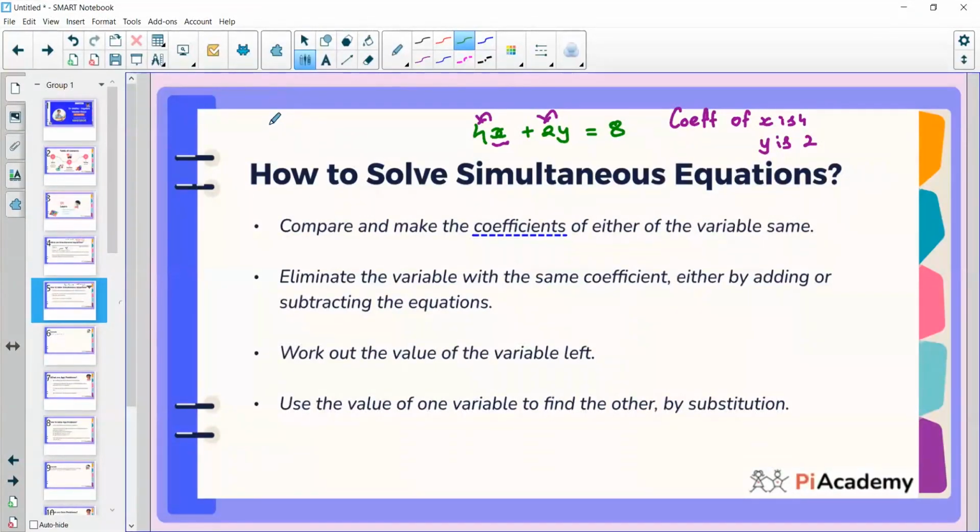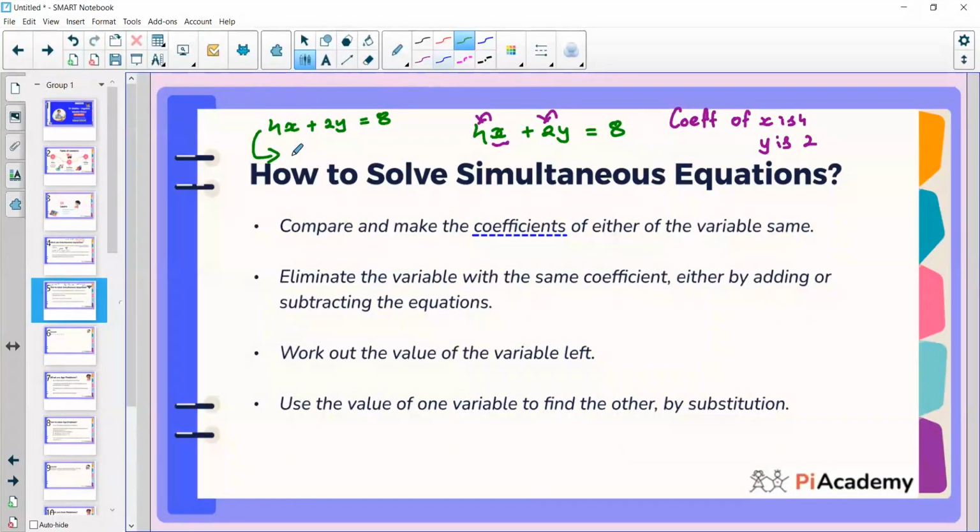Eventually, what is your job? I can't individually work out 4x plus 2y equals 8. By this equation, I would never be able to work out the value of x or the value of y because this is an equation with 2 variables.